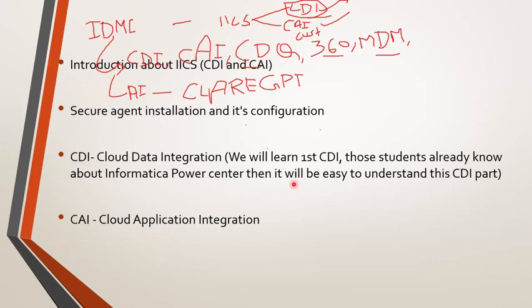After that, CAI is the Cloud Application Integration. In this session, whatever application is running on the cloud, you want to integrate via Informatica. So we'll just call the API via some job, right? We'll call via API and just integrate.